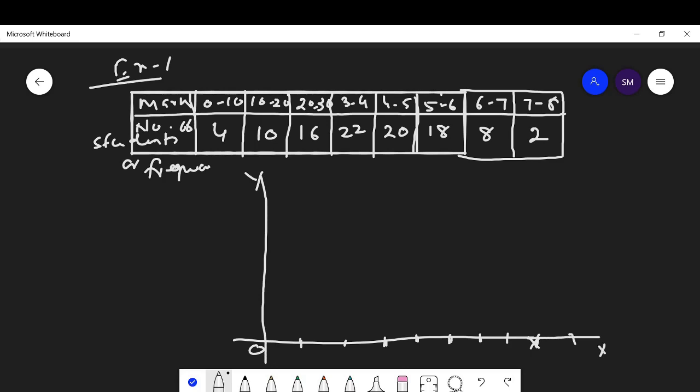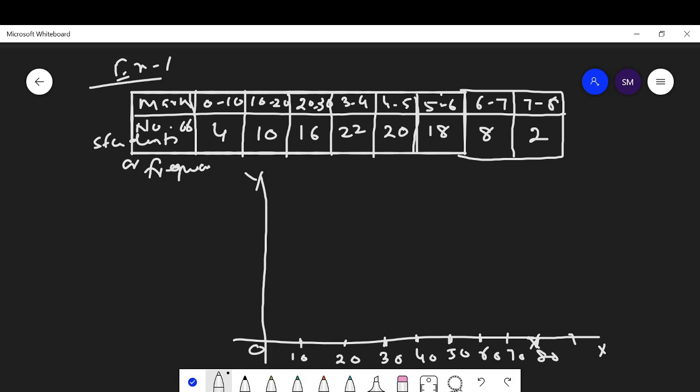I have already told you to take a suitable scale. It is not necessary to take the same scale for the x-axis and y-axis.